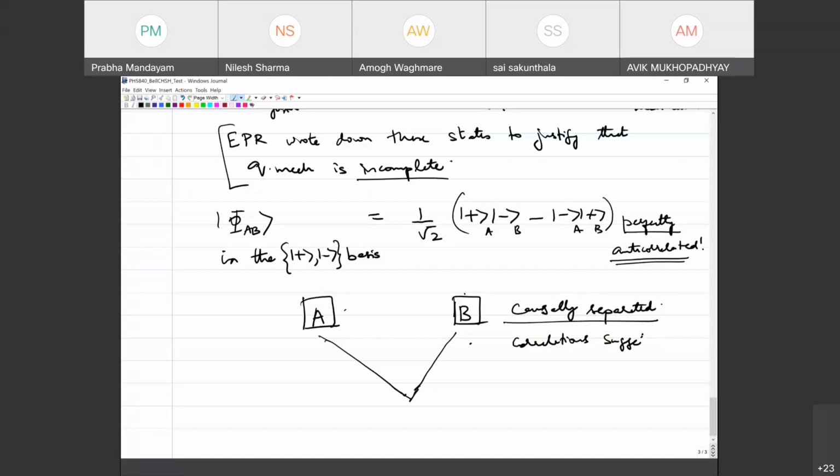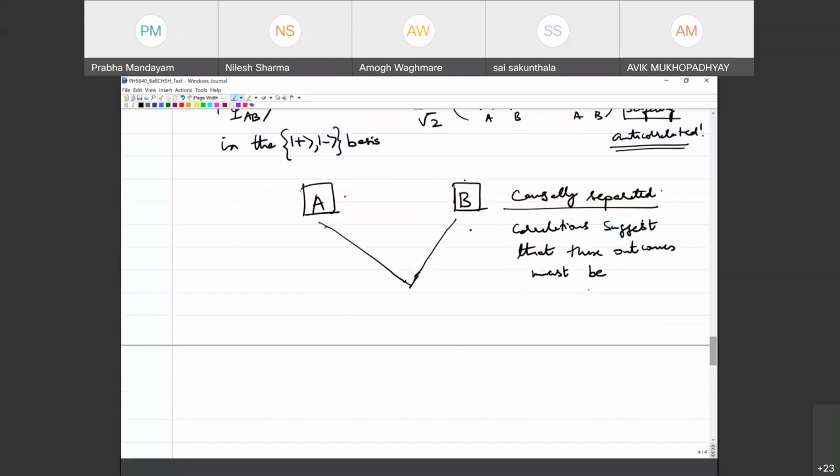When I say predetermined, in some sense, it's as if there is something hardwired about the state which should be able to tell us what these outcomes are already before the measurement is even made.